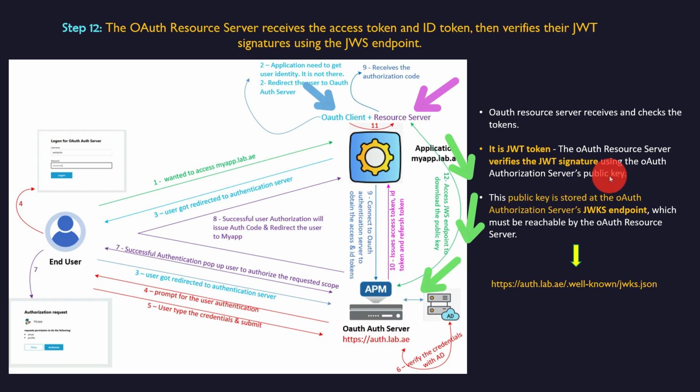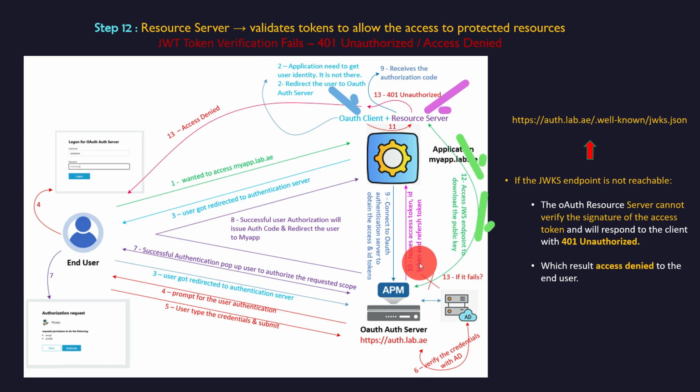This public key is stored at the OAuth Authorization Server's JWKS endpoint, which must be reachable by the OAuth Resource Server. If the JWKS endpoint is not reachable, the OAuth Resource Server cannot verify the signature of the access token and will respond to the client with 401 Unauthorized, which results in access denied to the user.